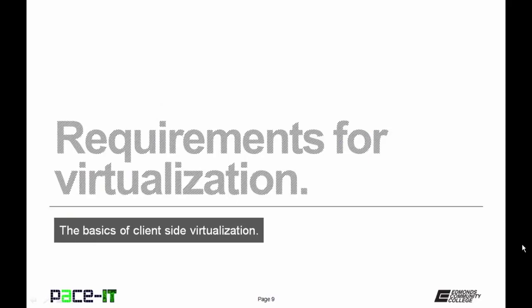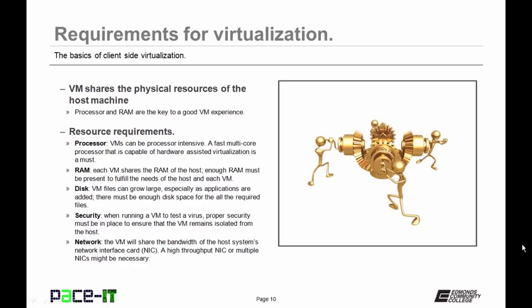Now let's move on to some of the requirements for virtualization. Besides the need for a hypervisor, you need to be aware that VMs share the physical resources of the host machine. Because of that, the processor and RAM are the keys to a good VM experience. So now let's talk about some of those requirements.